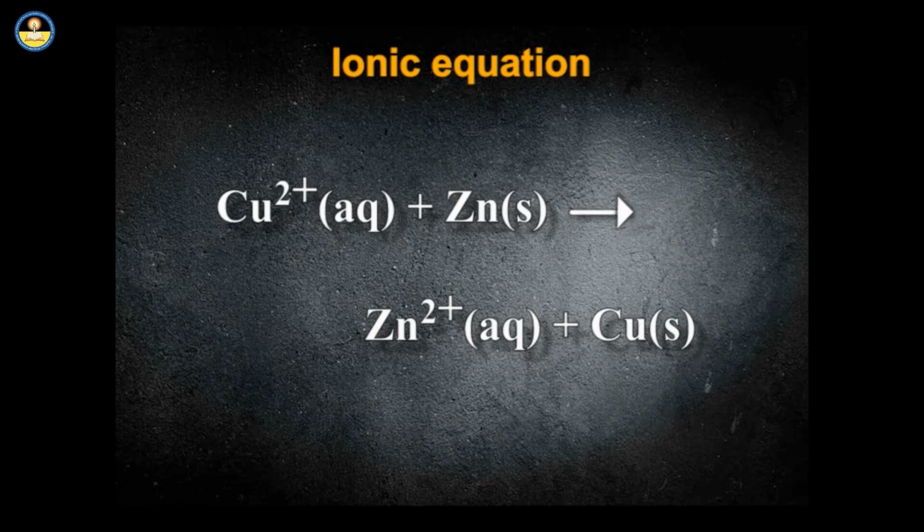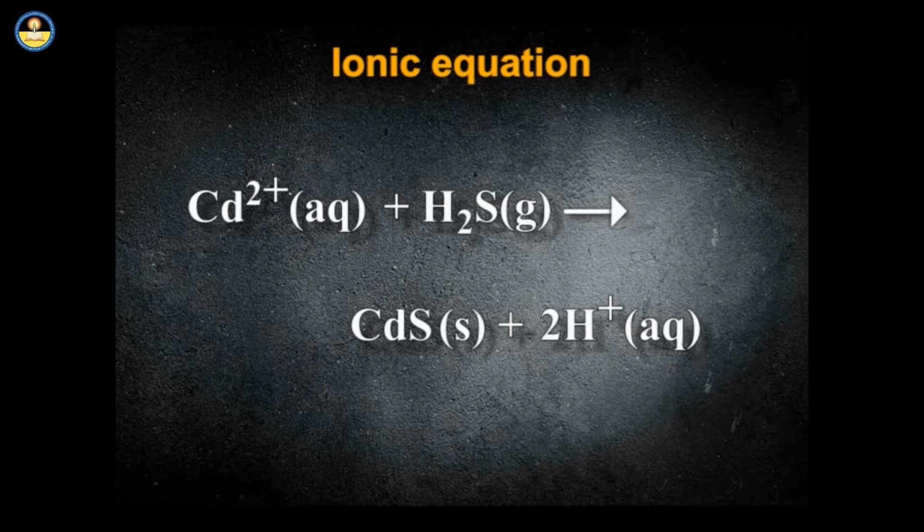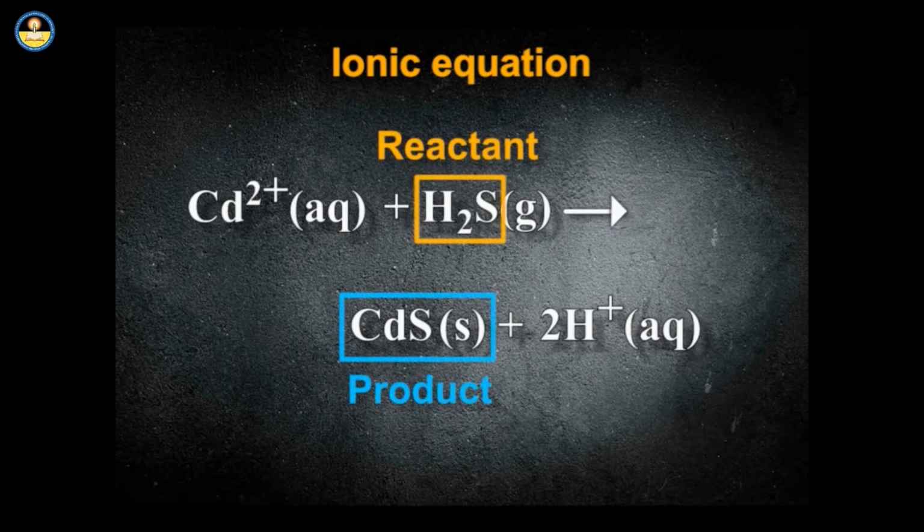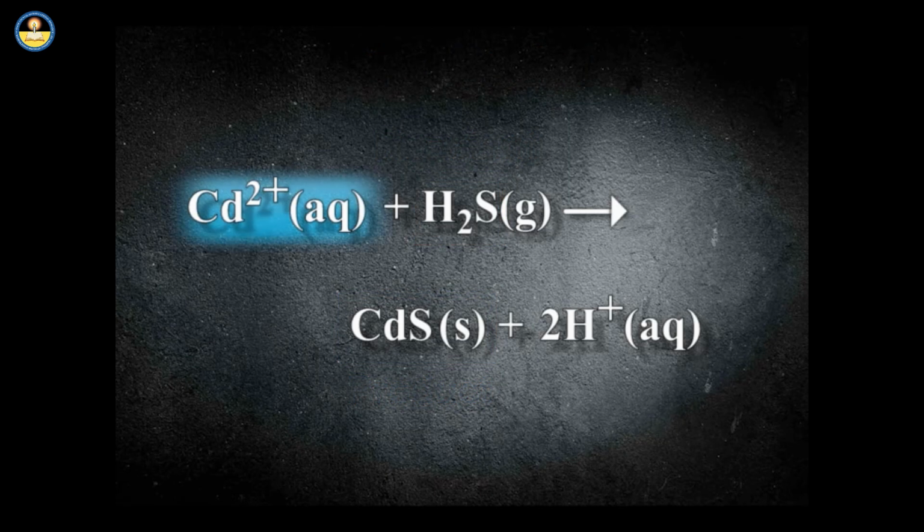It is not necessary that all the reactants and products of a chemical reaction be expressed as ions for it to qualify as an ionic equation. So, Cd2+ ions in aqueous state react with H2S in gaseous state to give CdS plus 2 H+ ions in aqueous state.